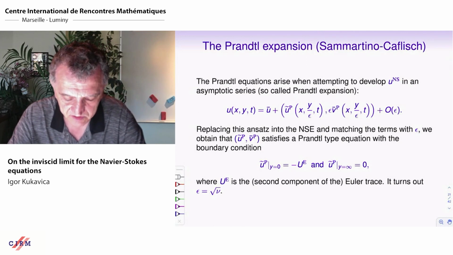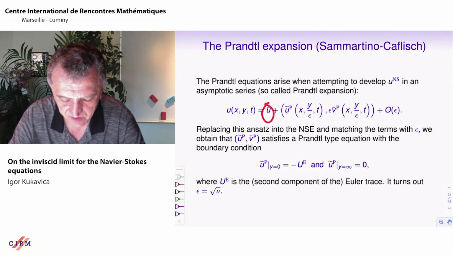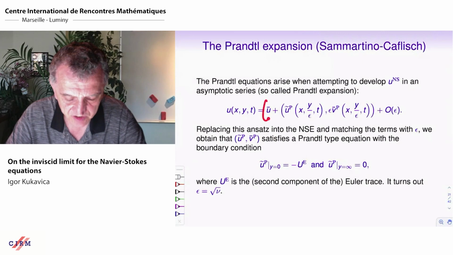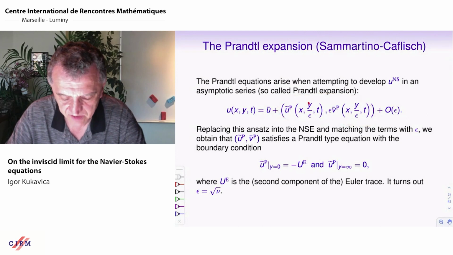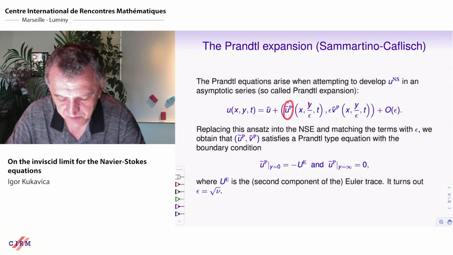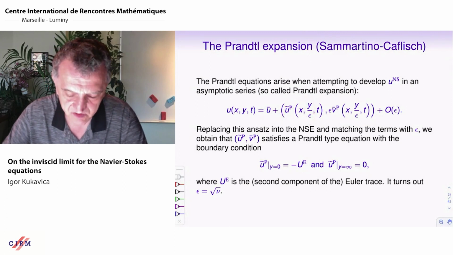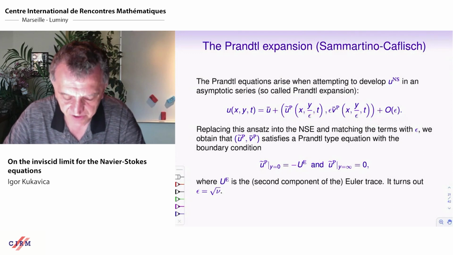So they looked for the Navier-Stokes solution as an asymptotic expansion with the Euler being the 0th order term. The first order term or corrector would be the Prandtl, which is some fixed solution, epsilon independent, evaluated at y over epsilon. And then an error.